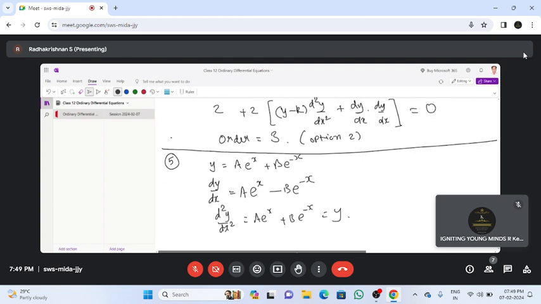So the solution is d square y by dx square equal to y. Which is which option? Option 2, sir. Option 2. These are fairly easy.